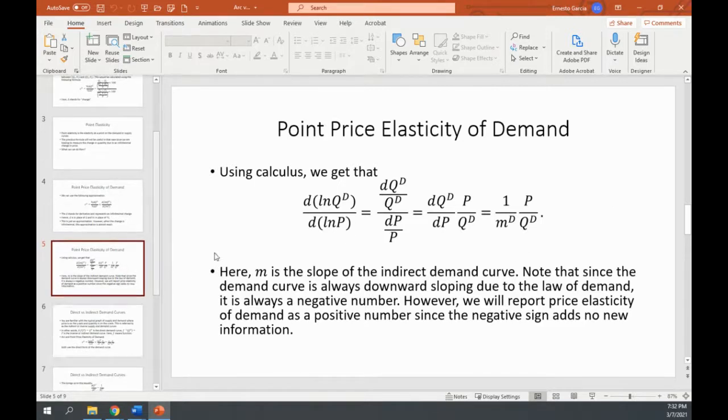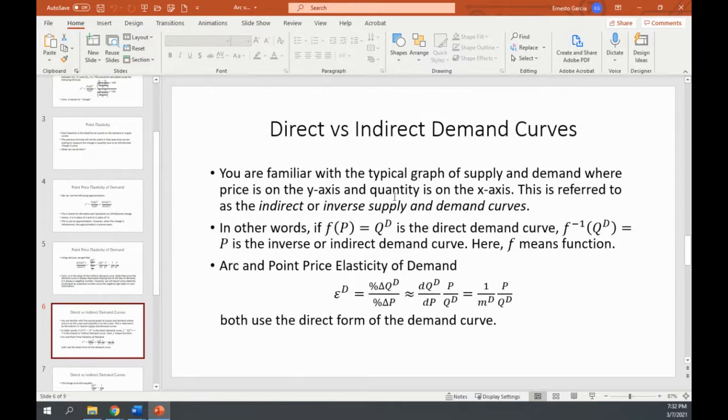Okay. So I'm using this term indirect demand curve. What does that mean? You're familiar with the typical graph of supply and demand, with price on the y-axis and quantity on the x-axis. That's referred to as the indirect or inverse supply and demand curves.